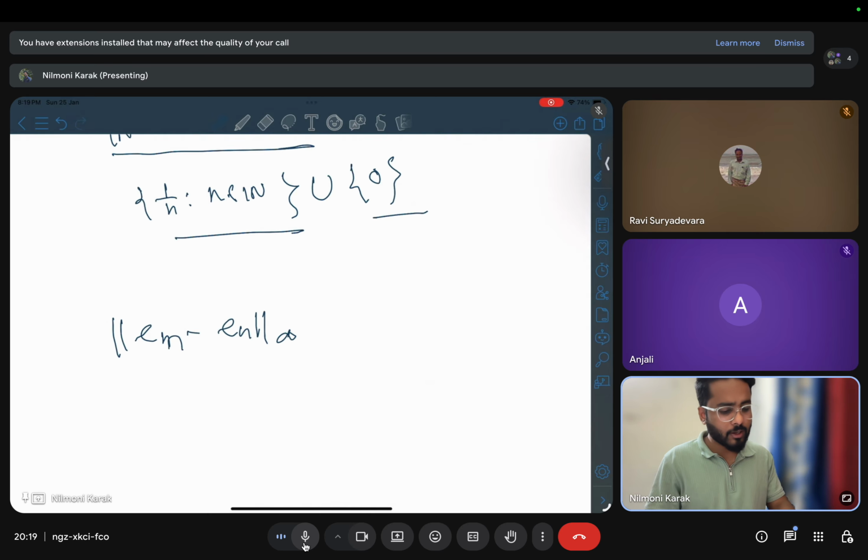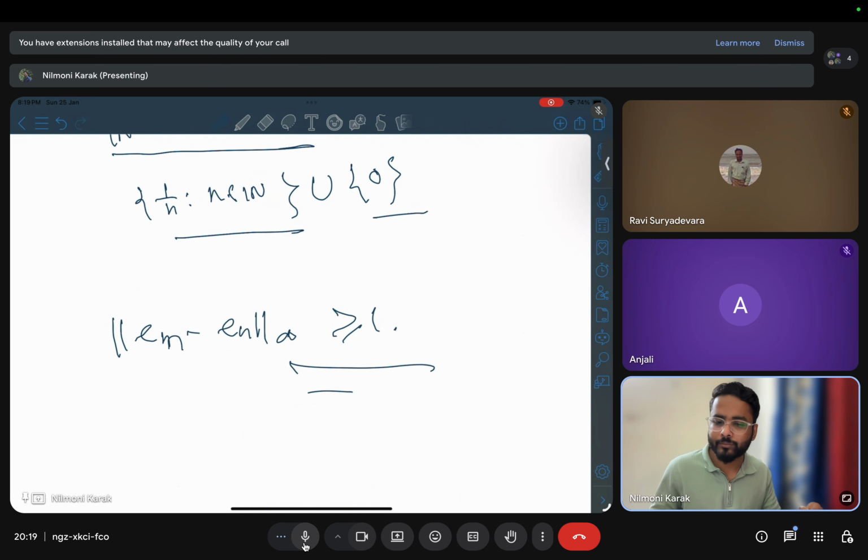Any two points' distance is greater than or equal to 1, so you can choose epsilon less than 1, and you will not get any Cauchy sequence. So that's why this is not compact. There are many ways to show this is not compact, and this is one easy way.